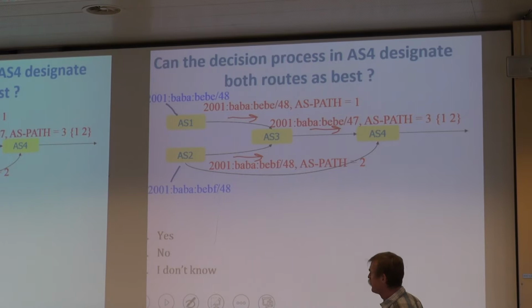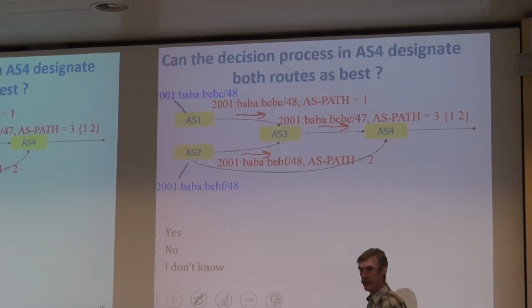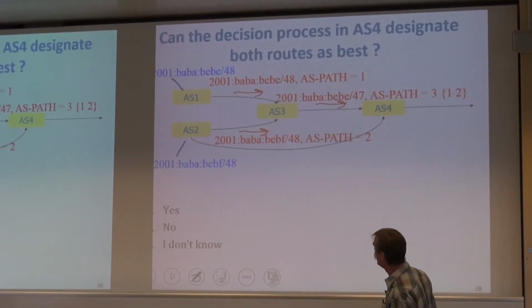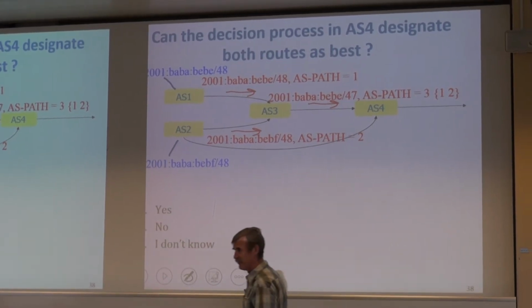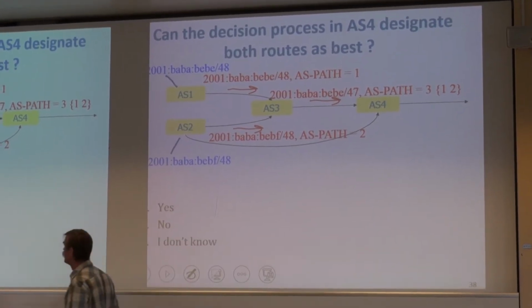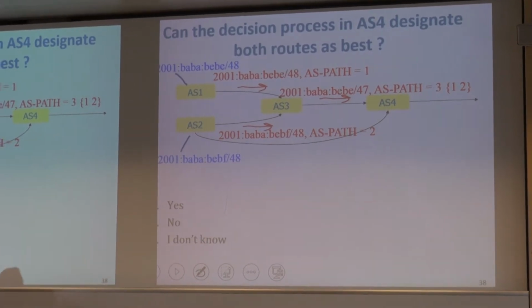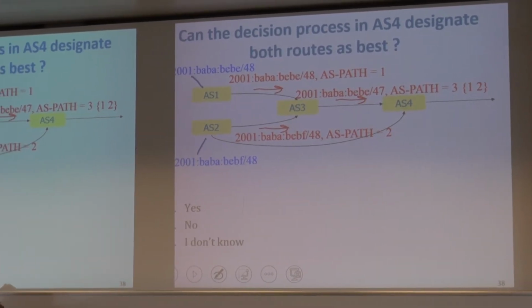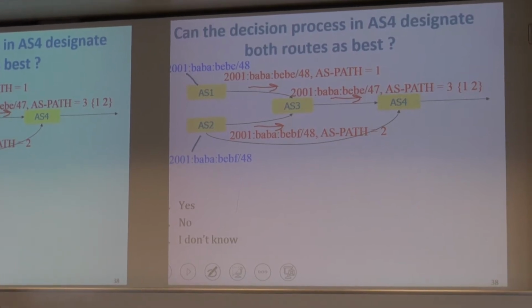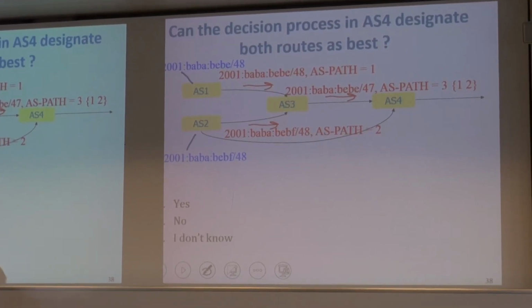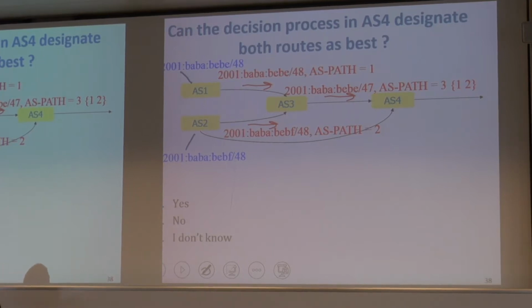But perhaps AS2 and AS4 are also peers, in which case AS4 receives from AS2 this non-aggregated advertisement. Right? Because AS2 has no reason to aggregate. And the question is, now, if I am a BGP router in AS4, is it possible that the decision process at this BGP router designate both routes as their best preferred routes?